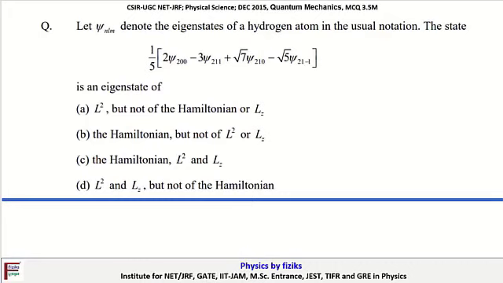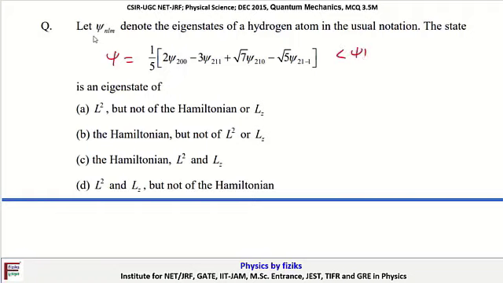This question is from the hydrogen atom. In this question, psi nlm denotes the eigenstate of the hydrogen atom in the usual notation. The state psi is defined as 1 by root 5 times 2 psi 200 plus 3 psi 211 plus root 7 psi 210 plus root 5 psi 21-1.